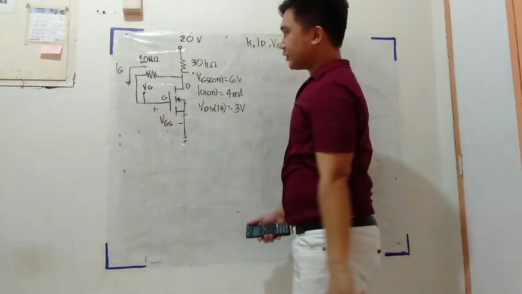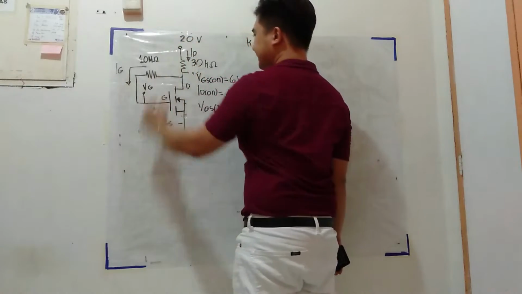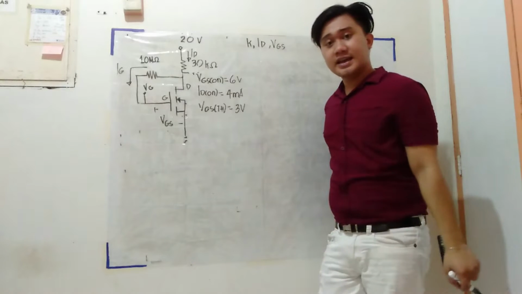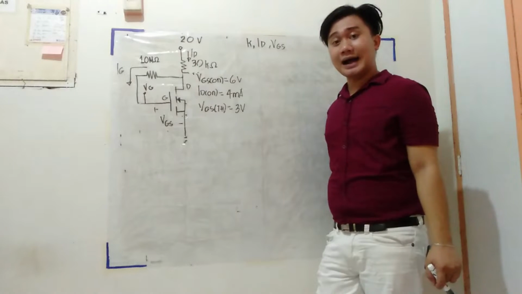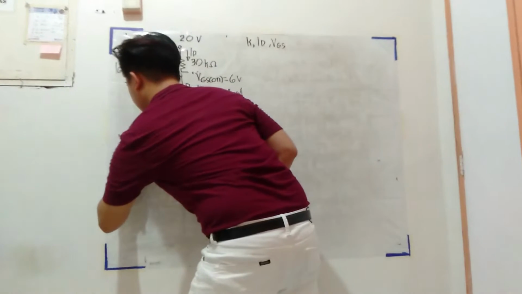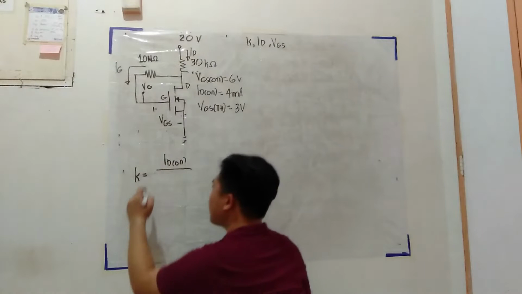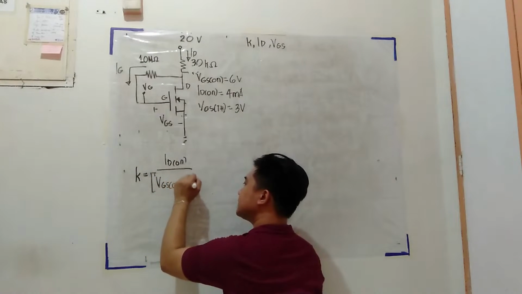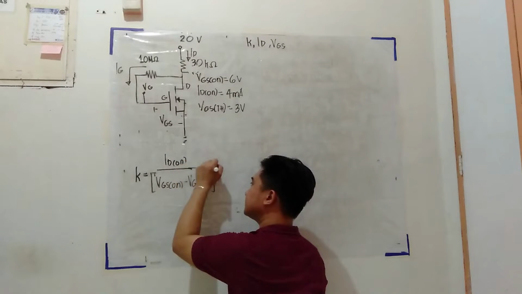Okay? So the first thing to do is to assign the currents. So this here is ID, this is IG. Do not forget that the value of IG in any FET is 0 amperes dahil reverse bias po ang ating gate. Okay? So to get the value of K, that is equal to ID on all over (VGS on minus VGS TH) squared.